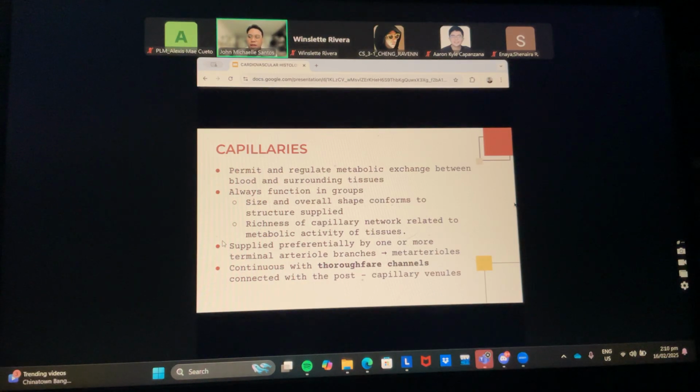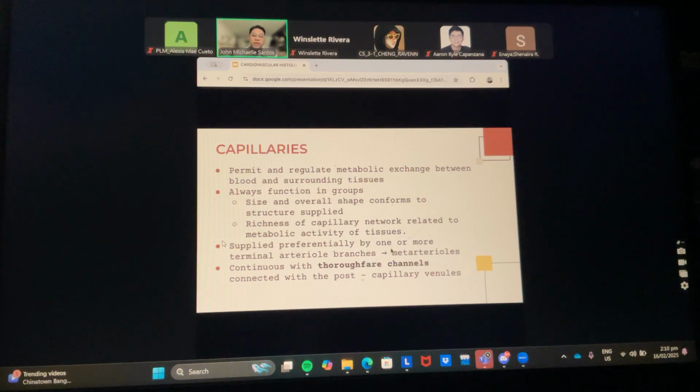Like for example, kapag yung organ mo demands or has a high metabolic rate, like your kidney, liver, and cardiac, yung puso nyo mismo, as well as skeletal muscles kapag nag-exercise kayo, di ba? So they demand high metabolic rate. So that means they have more capillaries as compared sa mga organs mo naman that don't need or have low metabolic rates, like your smooth muscles. Ayan, they have a smaller number of capillaries.